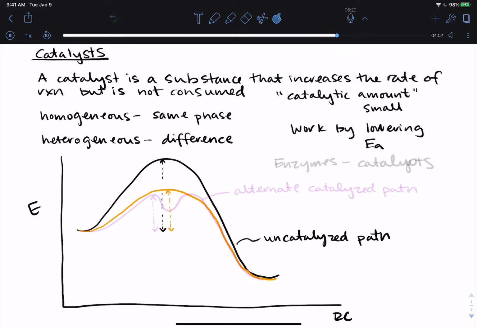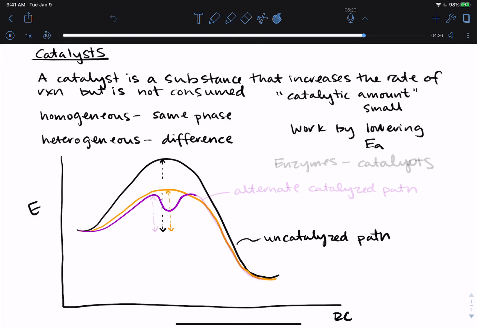I want to draw a second catalyzed path on here. So this is where I just have one energy barrier to get over still. Depending on, like I said, the identity of the things in the reaction, the identity of the catalyst, your catalyzed path may actually end up being a couple of steps.